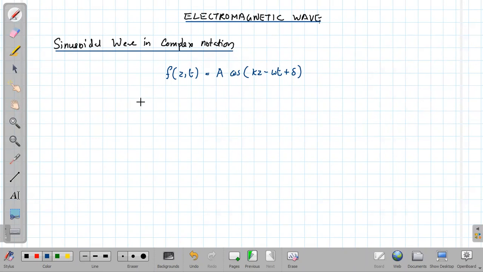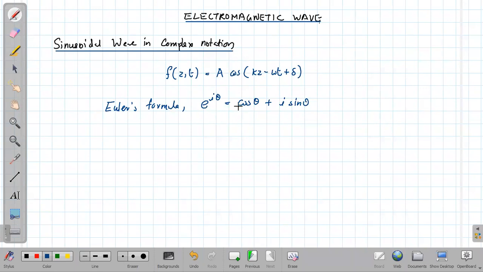Now, we can recall one famous formula called Euler's formula. According to Euler's formula, e raised to i theta can be written as cos theta plus i sin theta.